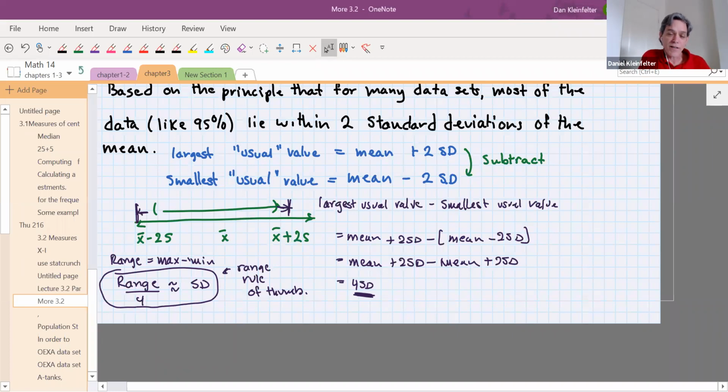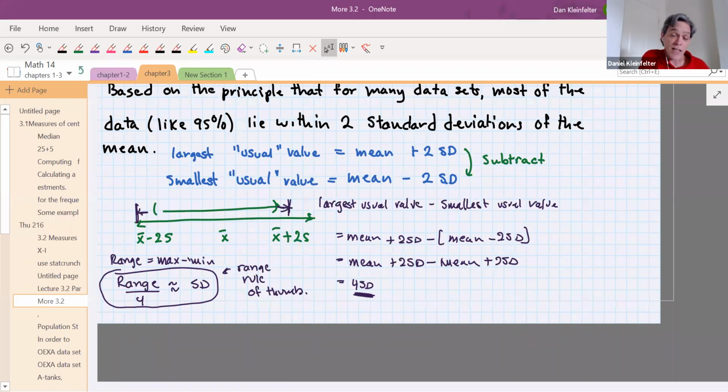And I just realized, in case the term is not familiar to you, a rule of thumb is kind of an everyday guideline or a familiar rule you can use to calculate something. So rather than using the exact formula for standard deviation, if all you're looking for is an approximation, the range rule of thumb can be used to say the standard deviation is approximately some value.